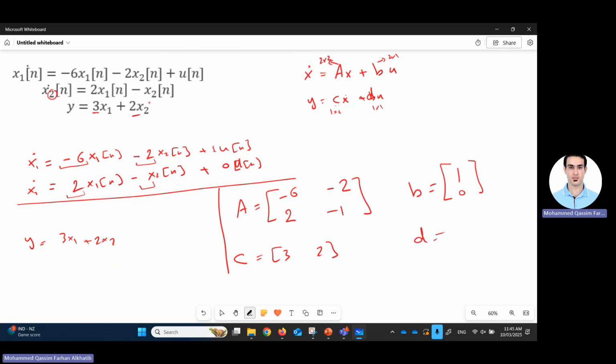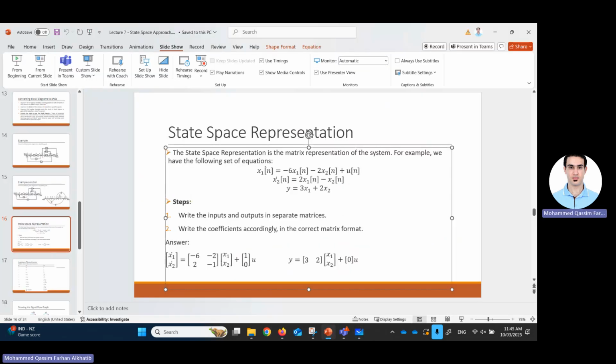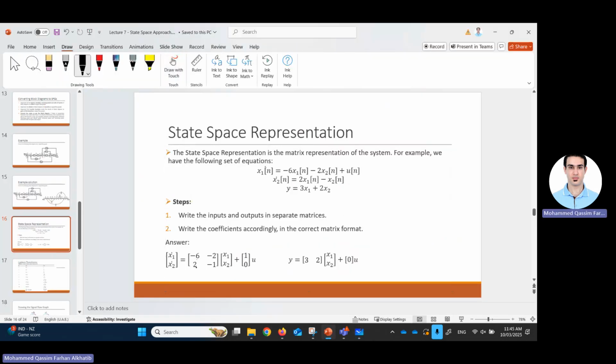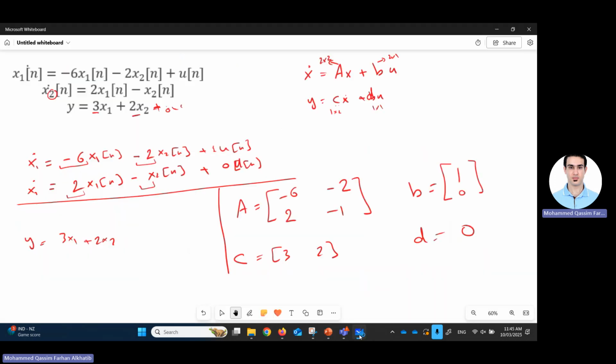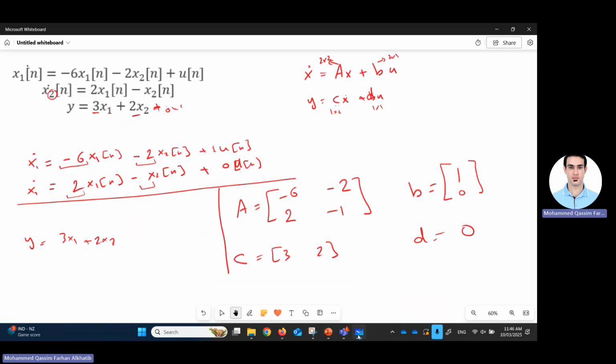And D, since there is nothing for u of n, that's 0 u of n. That's a 0. So that's the state space representation of this differential system that was provided. All right, so negative 6, negative 2, 2, and negative 1. Similar values here. And we have 1, 0 here, 3, 2, and 0.